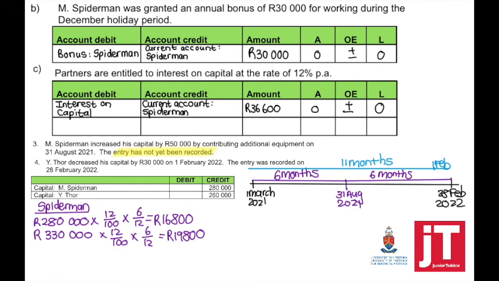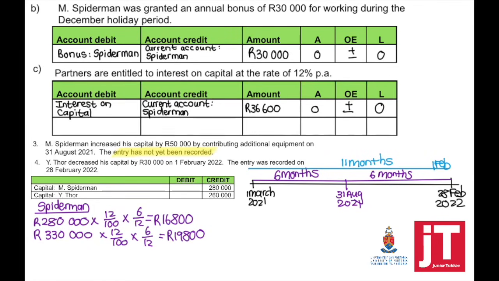It means that the balance from the pre-adjustment trial balance will then be the balance in the beginning. So we take 280,000 times 12% times 6 divided by 12. Then we need to add that 50,000. So from the 31st of August, his balance is 350,000 times 12% times 6 divided by 12.